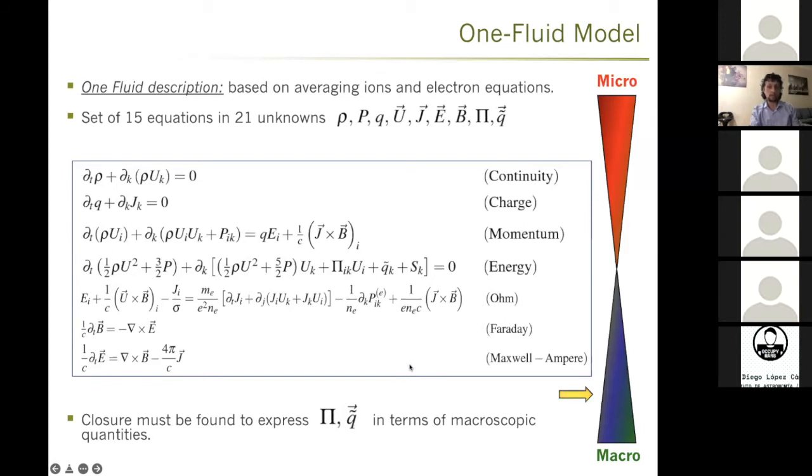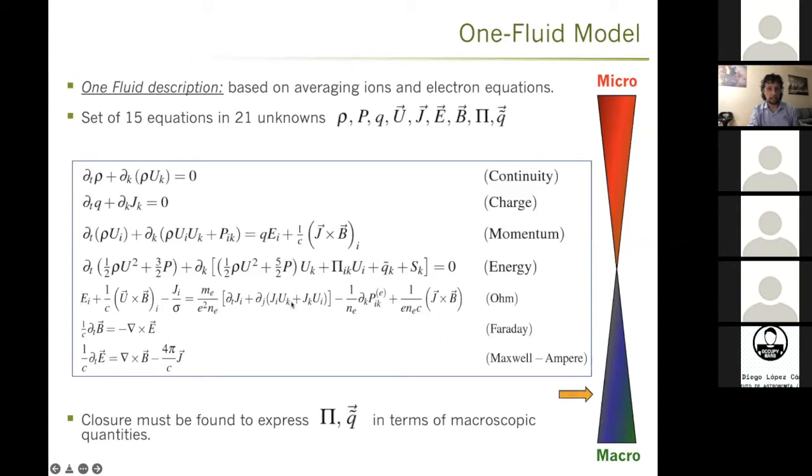Okay, so this system of equations is quite complicated, especially because of one law, which is really horrible. It's called the generalized Ohm law, which is the fifth one, which you see here.